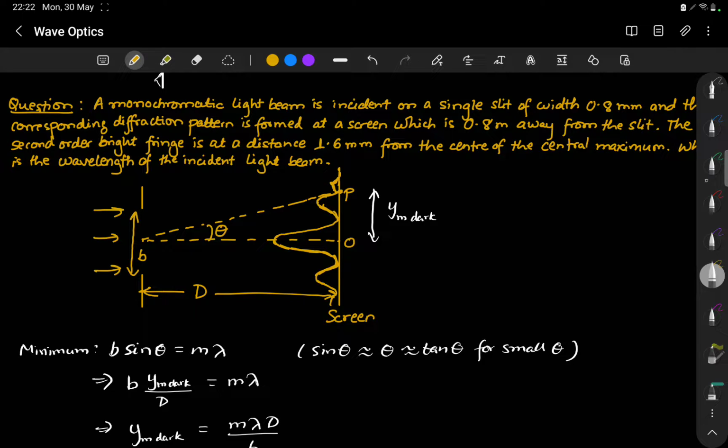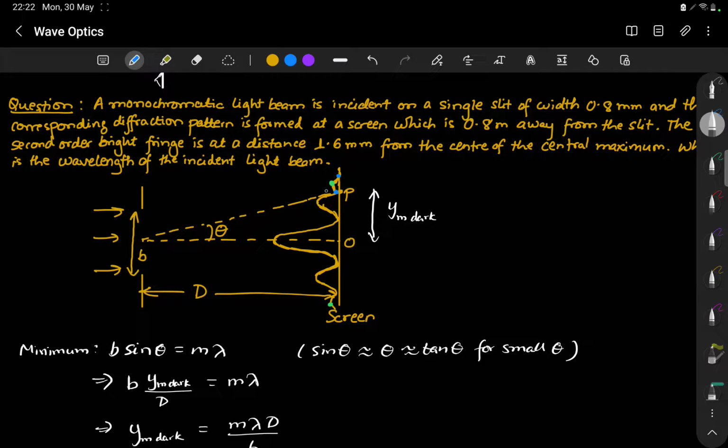So let me choose a different color. This is the second order maximum. This is the central one, this is the first order, this is the second order, and on this side of the screen also we will have the second order maximum over here. So this second order maximum is roughly in between these two minima, roughly between second and third minima.